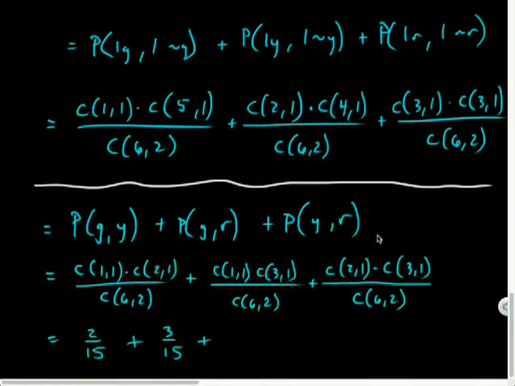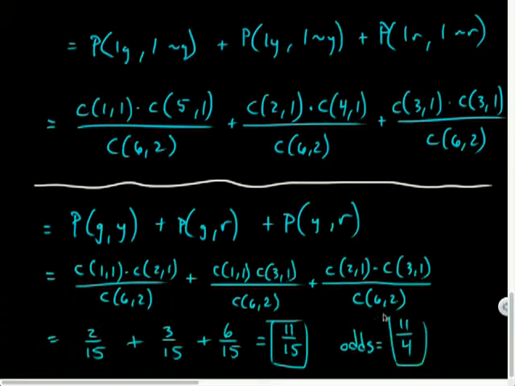Let's see, 2 times 3 is 6 out of 15. So the probability is 9 or 11 out of 15. Oh, okay, so I see you're agreeing with the numerator. So the odds of this situation would have been 11 over 15 minus 11, which is 4. And there's the answer.